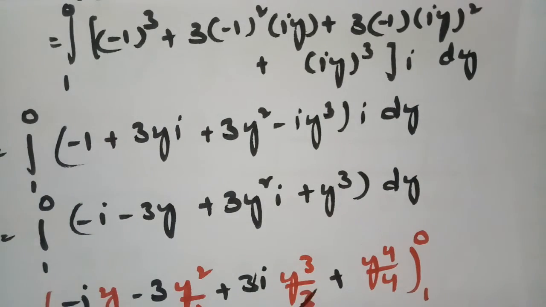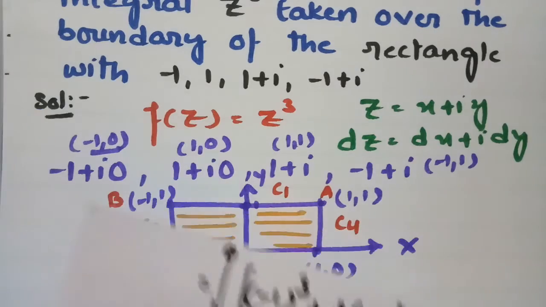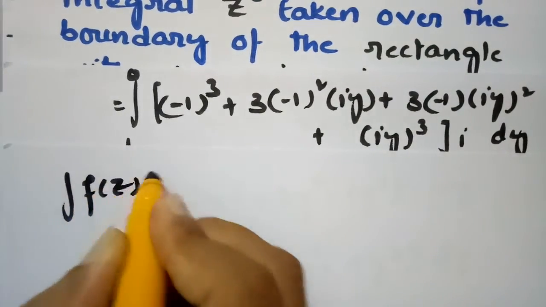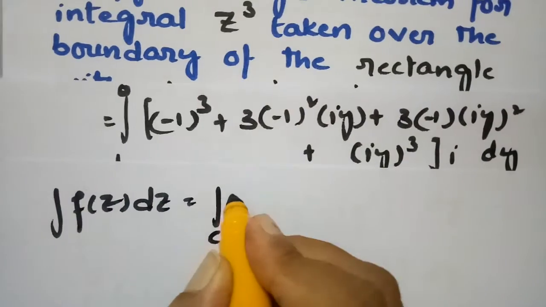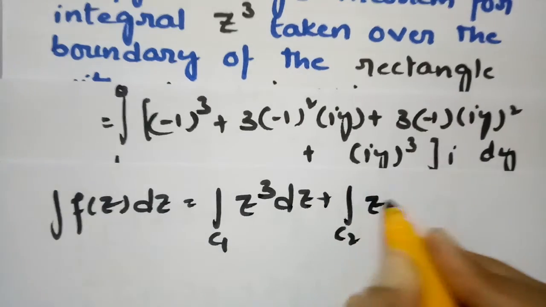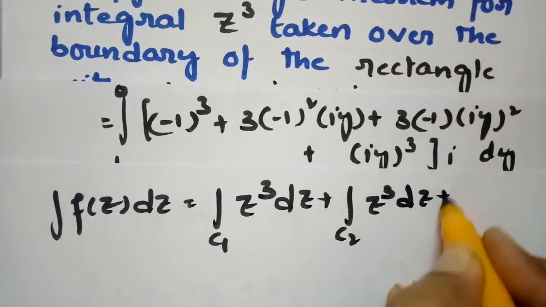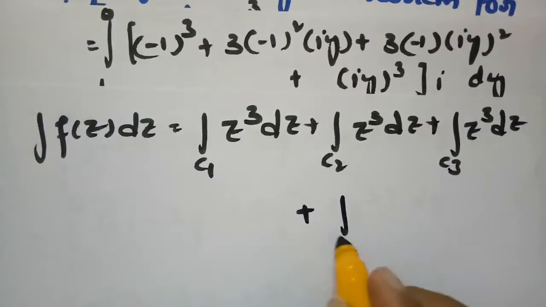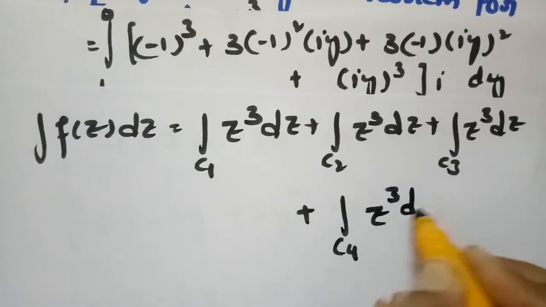In order to find the total integral, that is the integral of f(z) dz from the question, the integral of f(z) dz is nothing but the curve 1, that is z cube dz, plus the curve 2, z cube dz, and the curve 3, z cube dz, and the curve 4, z cube dz.